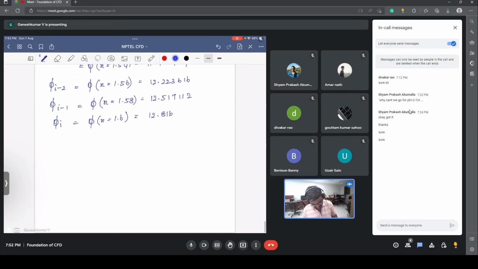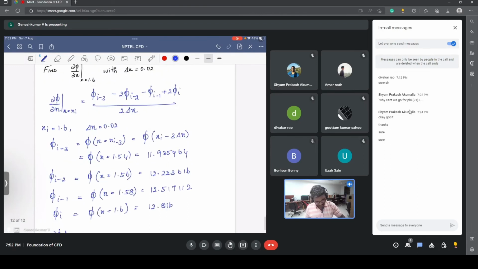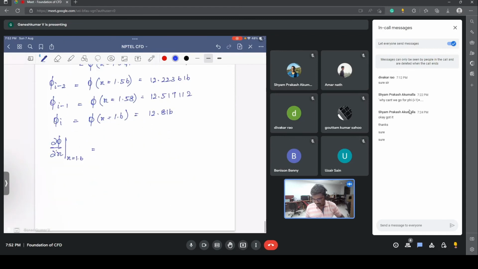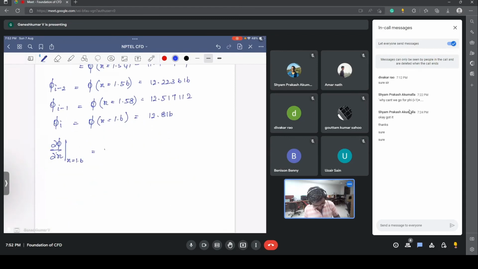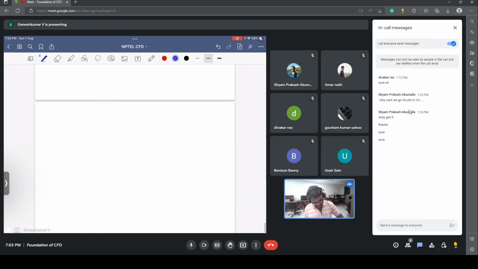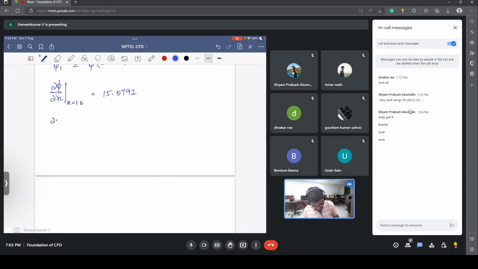So with the help of this, I'm calculating ∂φ/∂x at i, which is x equal to 1.6. I just need to use these values, and delta x is 0.02. So if I do that, my answer is 15.0792.